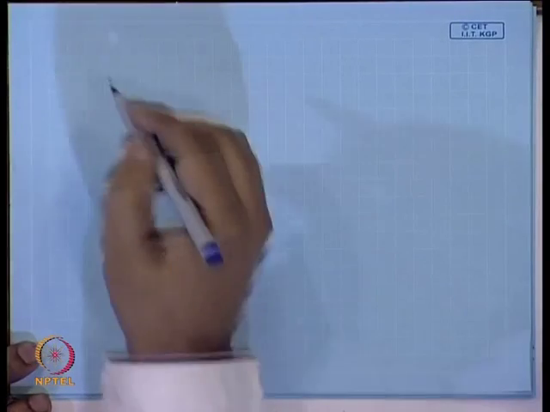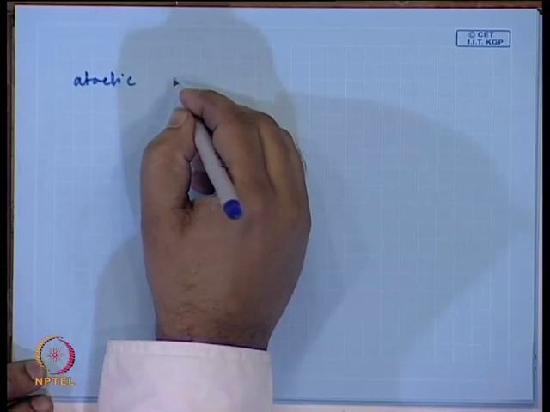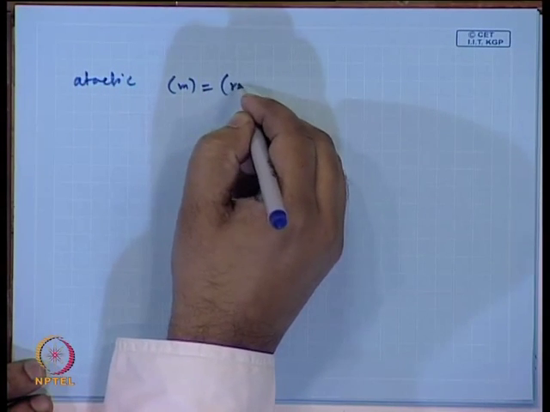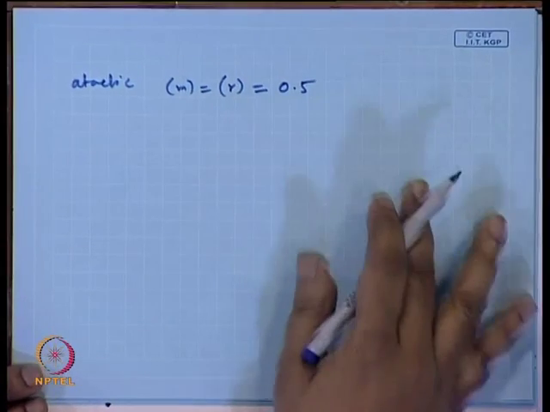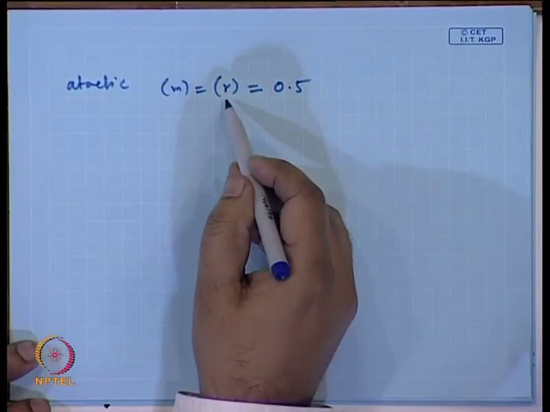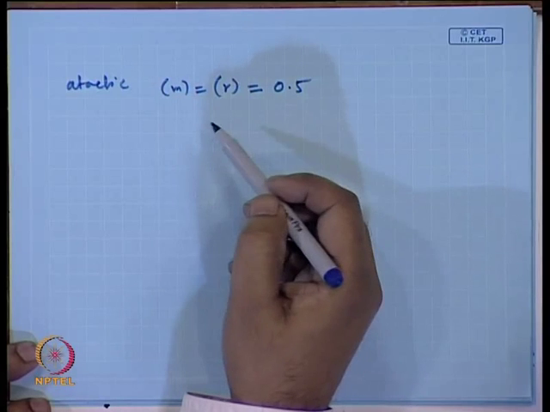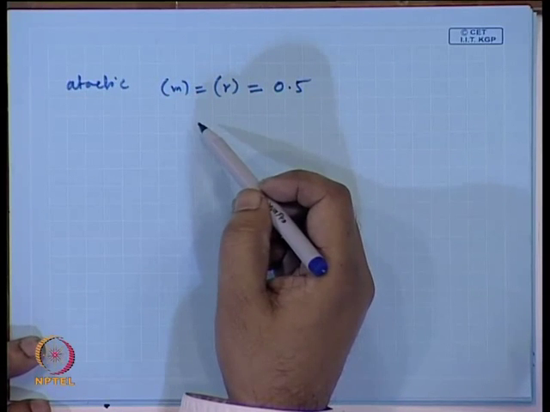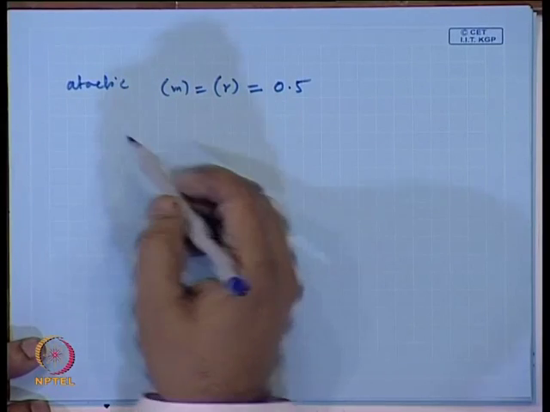Now, for an atactic polymer, both fractions M and R will be equal to half. So, half of the dyads will be in meso form and half in racemic form. So, basically it is a 50-50 mixture of meso dyads and racemic dyads, which is a completely atactic polymer.